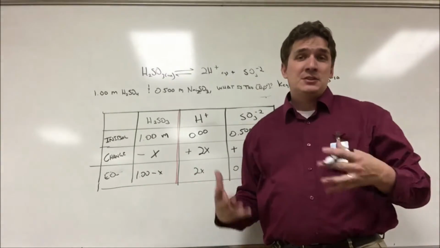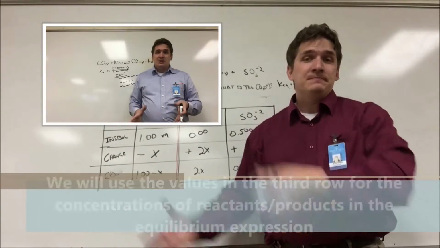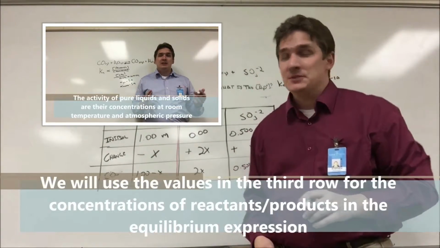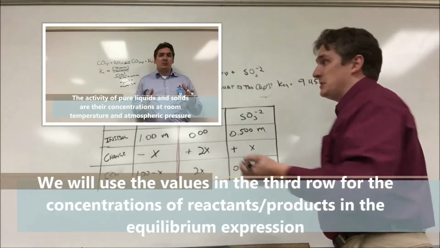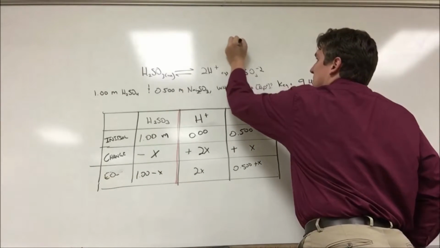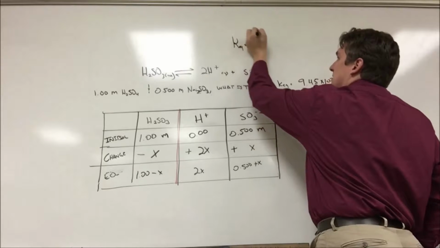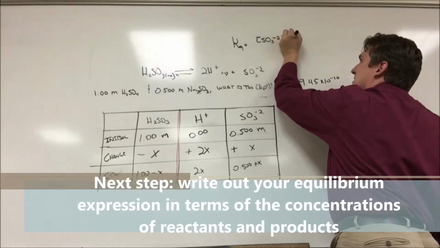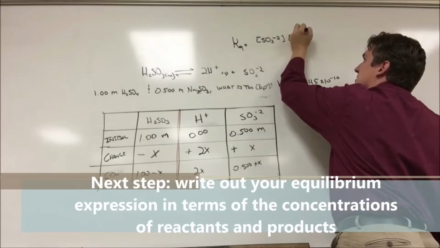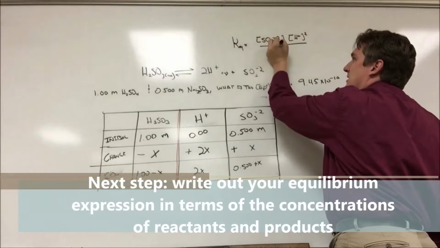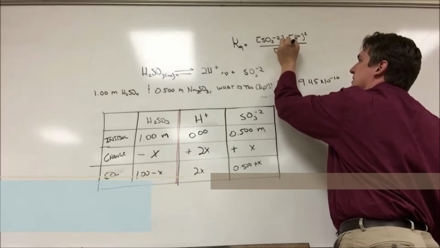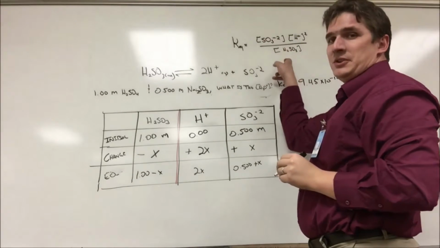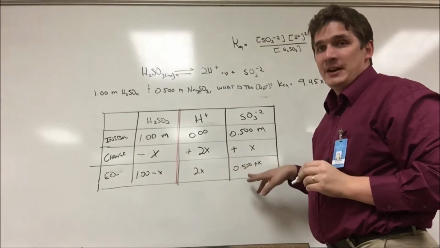So if you're still struggling with equilibrium expressions, you don't know how to write them, click on this video here. It'll actually give you little snippets on how to build up the equilibrium expression. In this case, looking at this reaction, Keq is going to be the concentration of SO3 2- times the concentration of H+ squared divided by the concentration of H2SO3. It's in these concentration blocks that we're going to substitute these values.